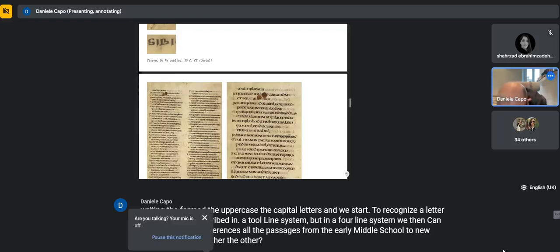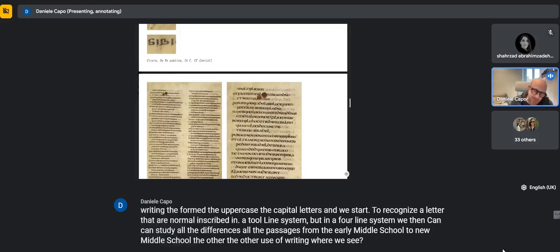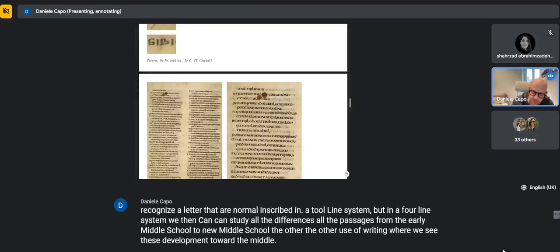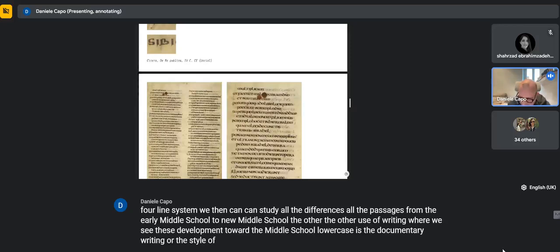The other use of writing where we see this development toward a minuscule lowercase is documentary writing, the style of writing you see in offices and places like this.